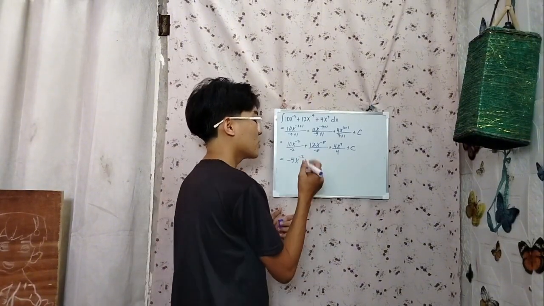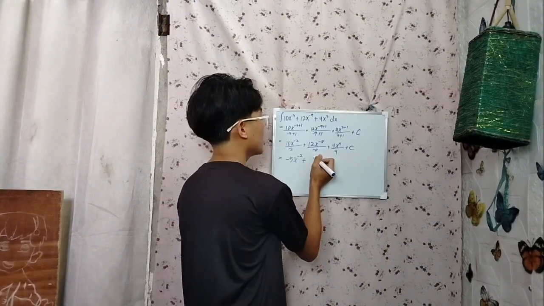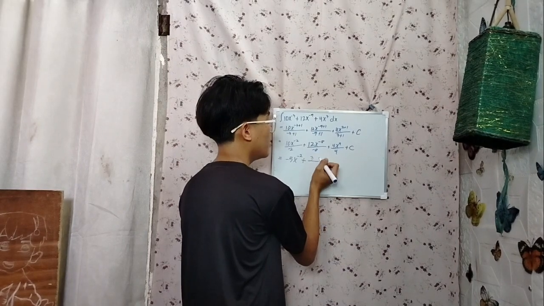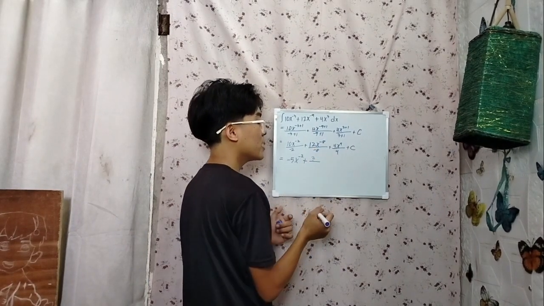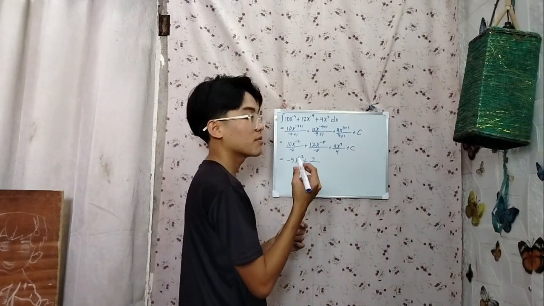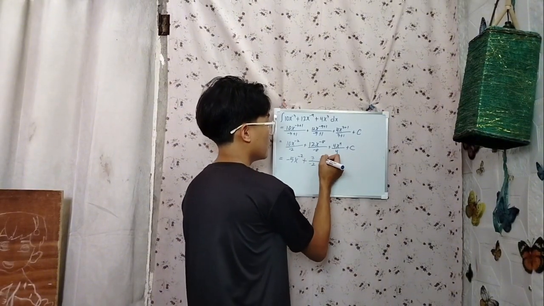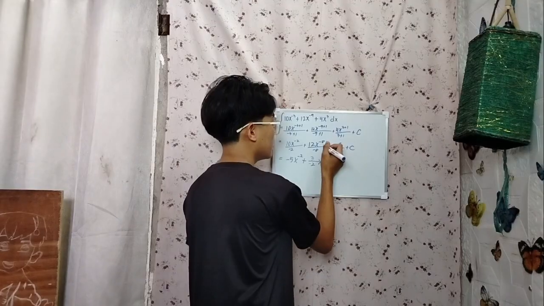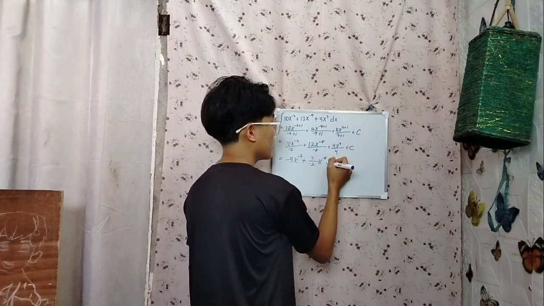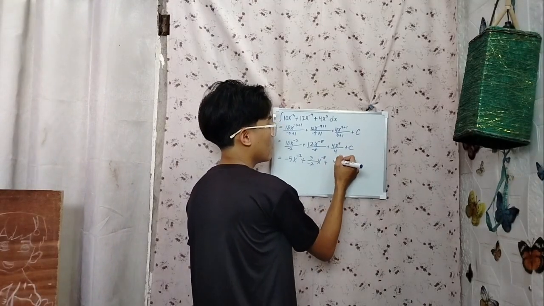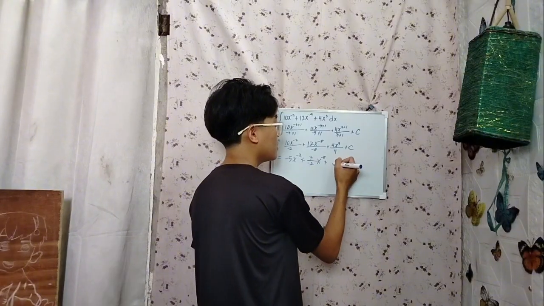So 12 divided by 4 equals 3, over negative 8 divided by 4 equals negative 2. So x raised to negative 8, plus 4 divided by 4, so 1.